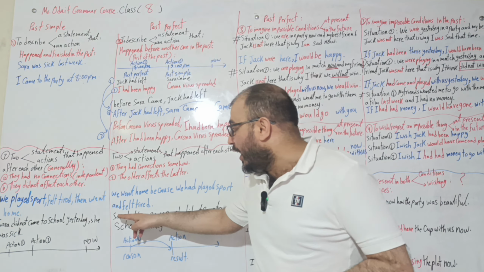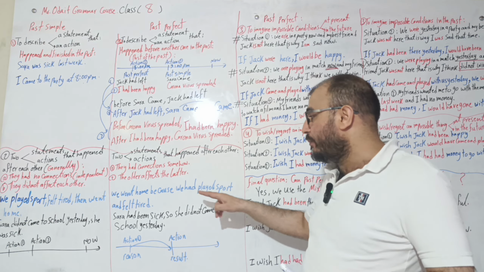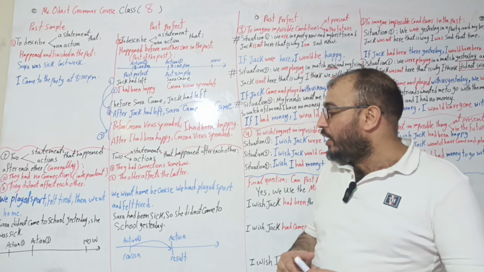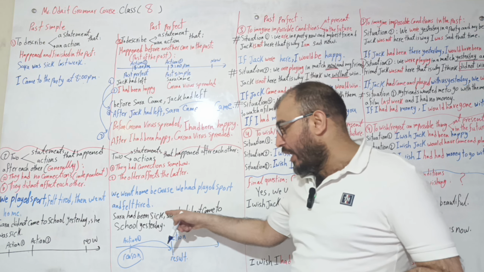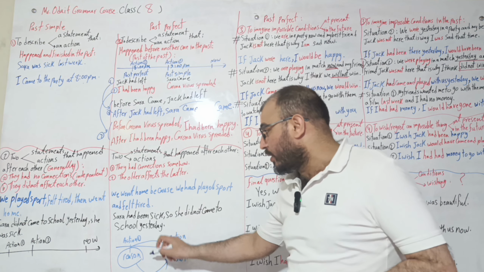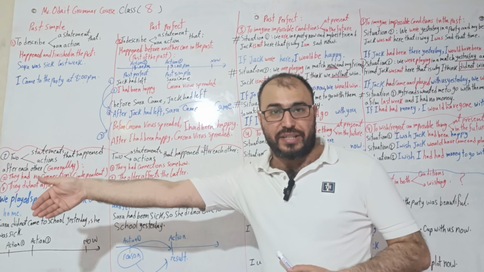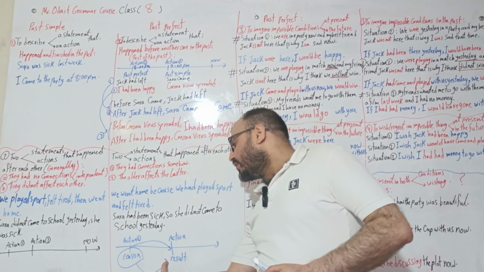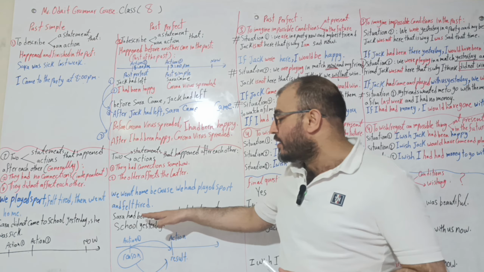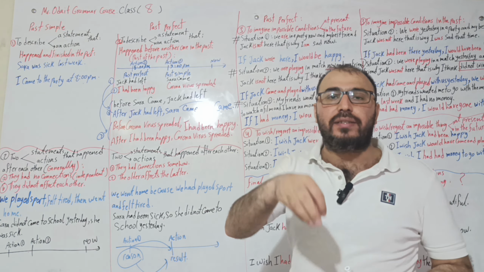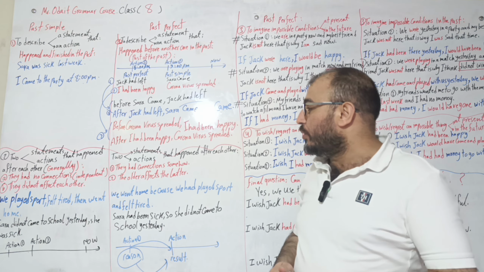Or I say, Sarah had been sick, so she didn't come to school yesterday. So here I have this action, which is the reason, Sarah had been sick, and the result of Sarah being sick in the later action, that she didn't come to school. So the sickness of Sarah was the main reason she didn't come to school.